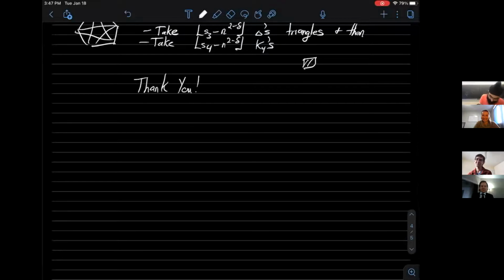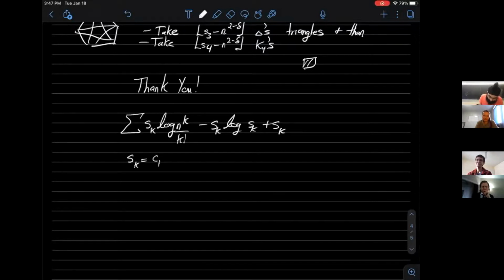So the way to see it is the following. The function you end up optimizing is sk times log nk over k factorial, up to some absolute constants. It turns out that if you want your sk to contribute, you want it to be like ck times n squared. And we also have one other constraint, which is that sk times k choose 2 equals n squared over 2.